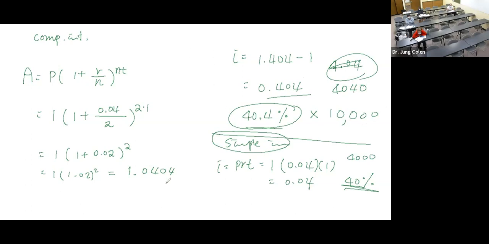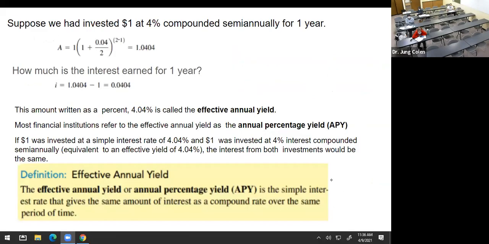So effective annual yield will tell you how effective it is compared to the simple interest, because we are thinking about only $1 as the principal and 1 year as the time. Effective annual yield or annual percentage yield is the simple interest rate that gives the same amount of interest as the compound rate over the same period of time.